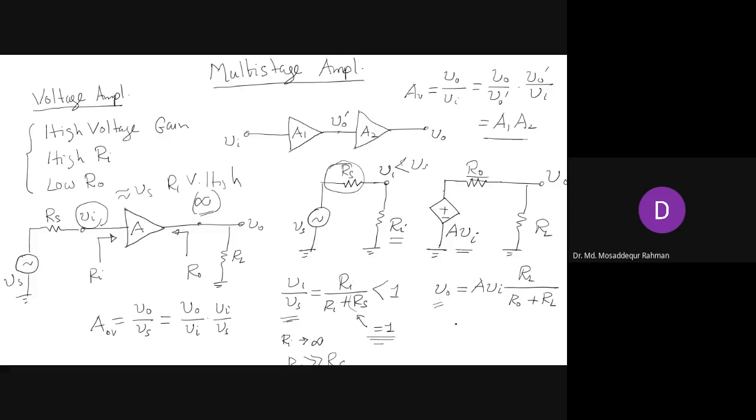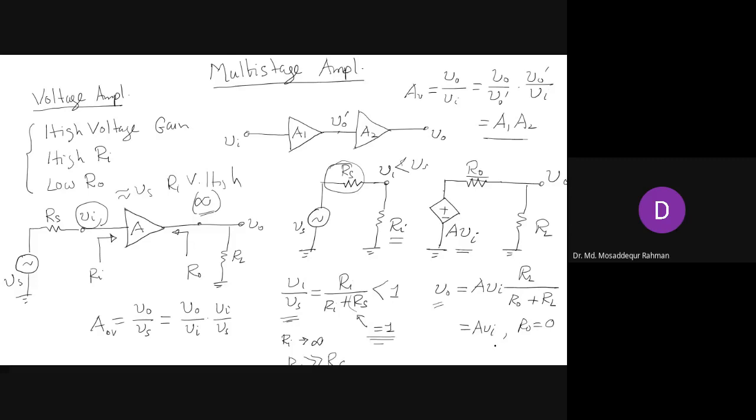In the ideal situation, this will be A Vi if R naught is 0. For zero output resistance, you get the full voltage at the load. Similar to the ideal op-amp, the ideal amplifier should have zero output resistance.